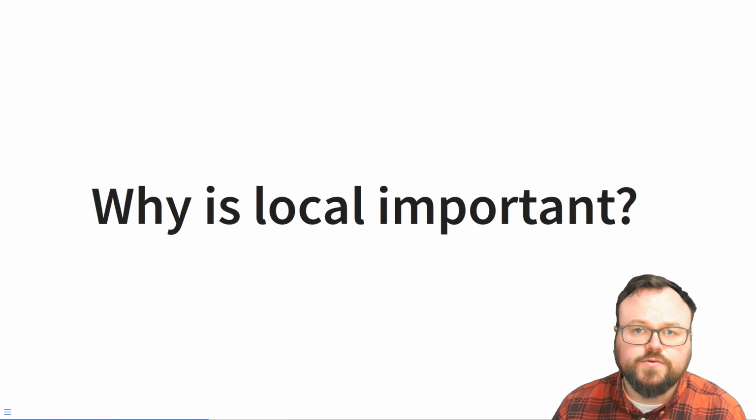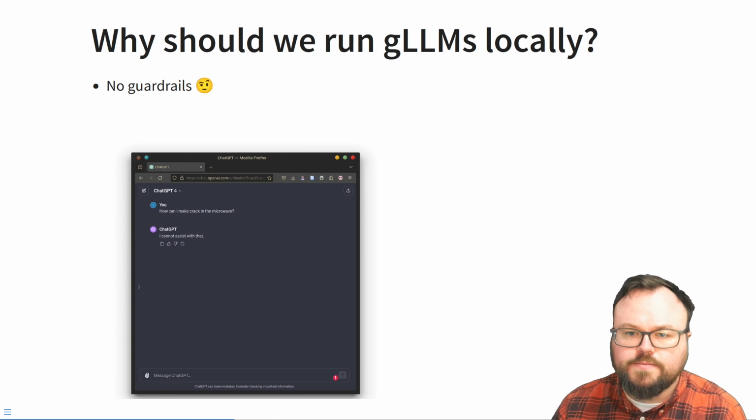Why is it important to run this stuff locally? Well, the advantage that most YouTubers focus on first is that you don't have guardrails. So if you ask ChatGPT, how do I make crack in the microwave? It will simply tell you, well, I cannot assist you with that because OpenAI has taken some precautions so that you can't ask just any questions.